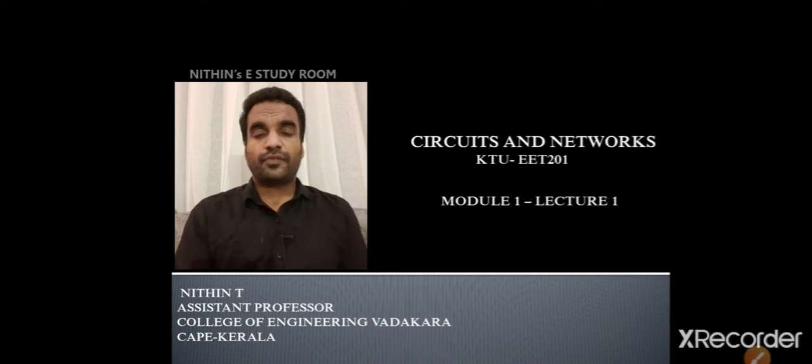So, this is the first lecture from module 1, and in this lecture we are mainly dealing with the basic types of sources. In the previous, prerequisite classes, we already discussed various components that we deal with in a circuits and networks class.